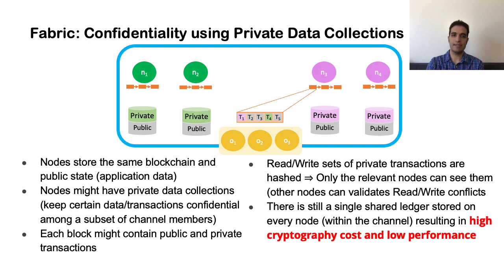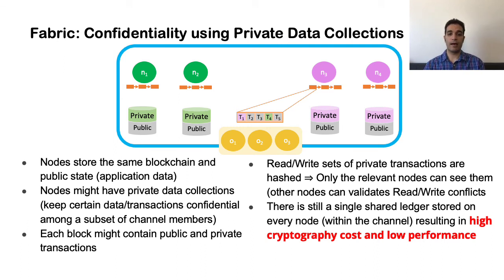They still maintain the same ledger, but in the ledger, we have transactions that are purple transactions, and we have green transactions. This green transaction is hashed, so it can be seen only by N1 and N2. This pink or purple transaction is hashed, so it can be seen only by N3 and N4.